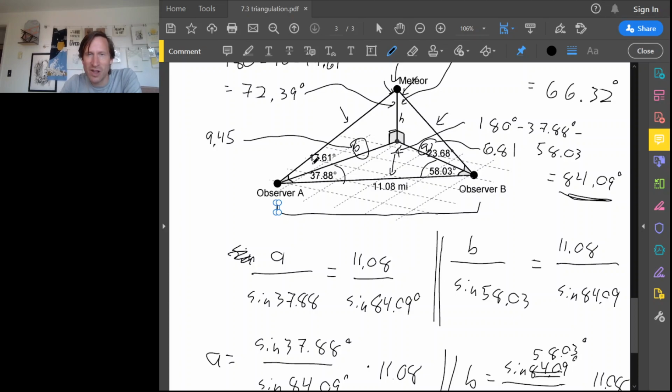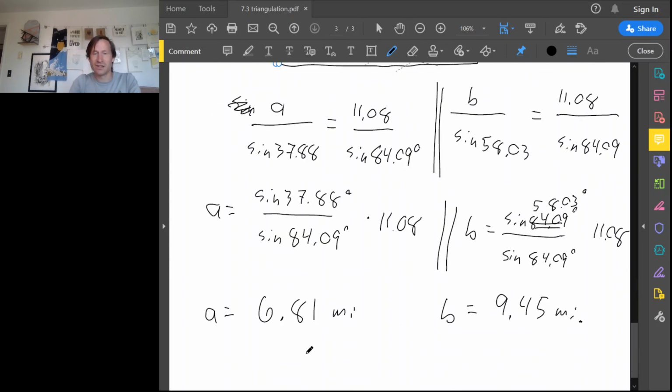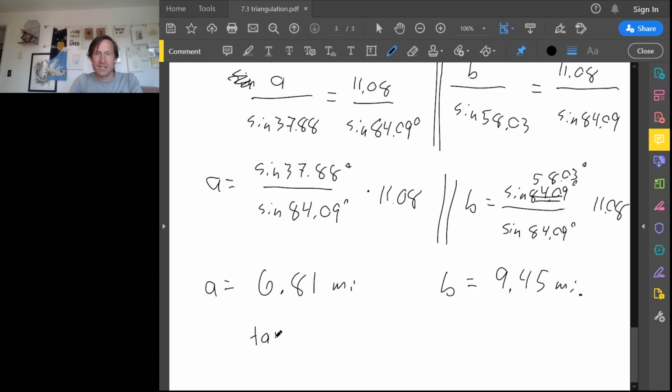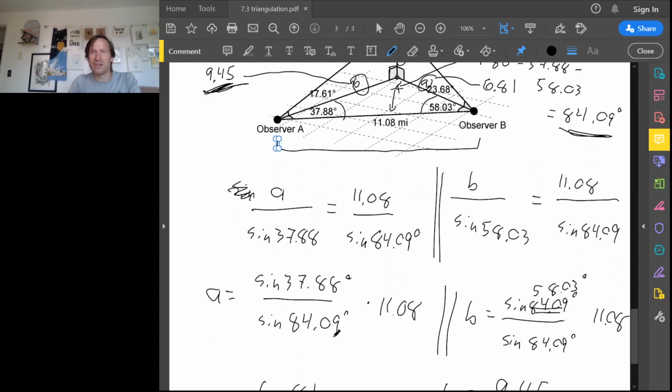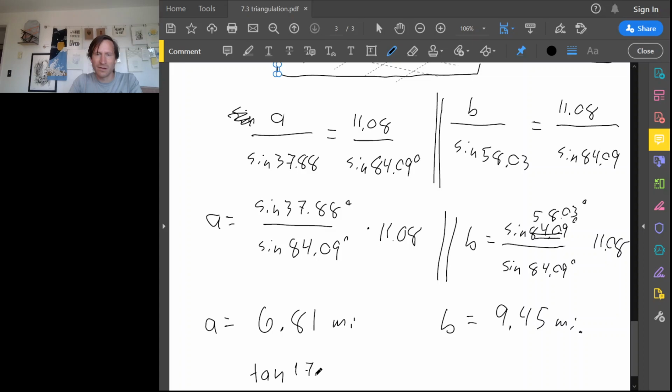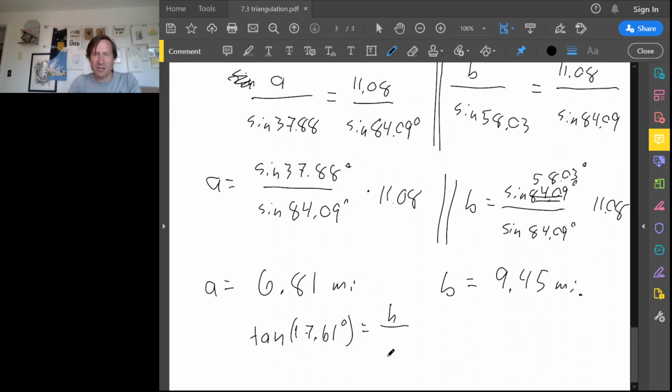So we have this small angle down here, 17.61, and the adjacent side, that's 9.45, and the opposite side is what we want. So it looks like we should use tangent. So tangent of the angle, and that was 17.61, is the opposite side, which was H, over the adjacent side, which was 9.45. Okay.